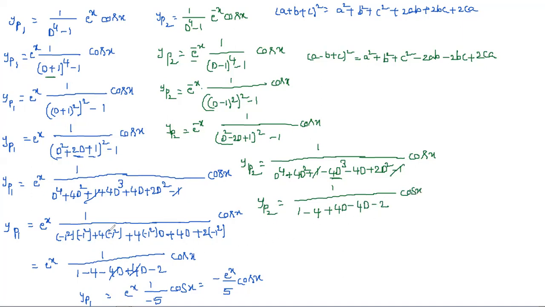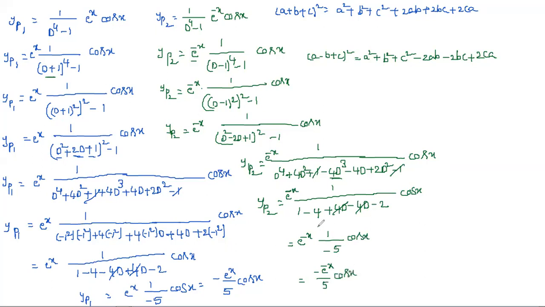Same as the previous one, how we substituted here, same pattern. And here 4D cancels. Then what about the remaining? e power minus x here, and here also e power minus x. So e power minus x into 1 by 1 minus 4 minus 2, so minus 5 cos x. So this is equal to minus e power minus x by 5 into cos x.